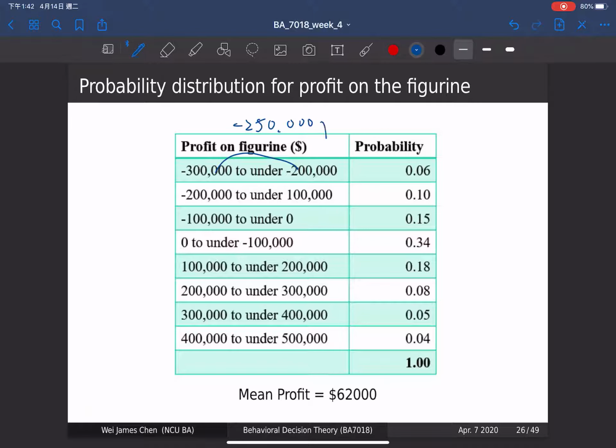You replace this with this number, you replace this with minus 50K, for example, and then this number times this number, and then you add them all together, and you get this number. This is called the midpoint method. You should have learned this in high school probability class or statistics class, but anyway.